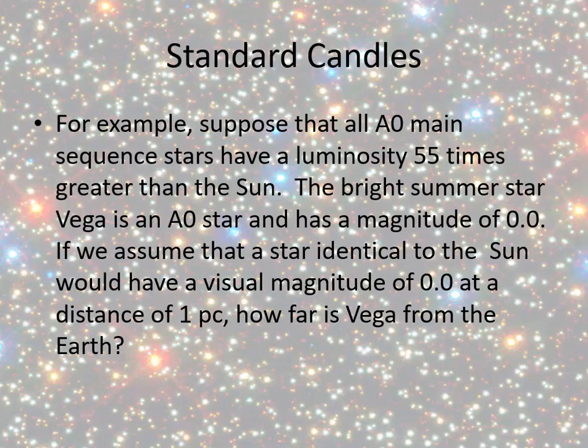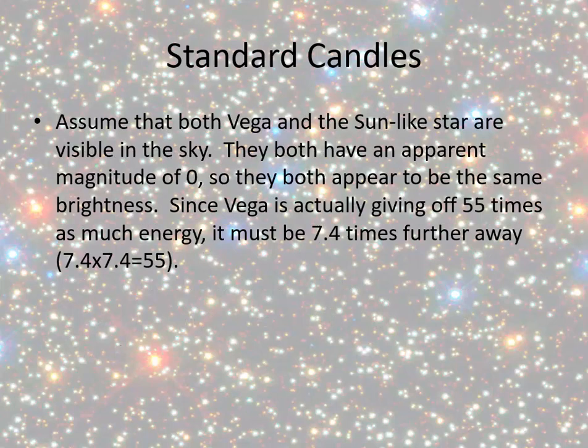So let's say you have a star that's identical to the sun, that would have a visual magnitude of 0.0 if you placed it at a distance of 1 parsec. Well, how far is Vega from the Earth? Well, Vega is giving off 55 times as much energy because that's what A stars do compared with our sun.